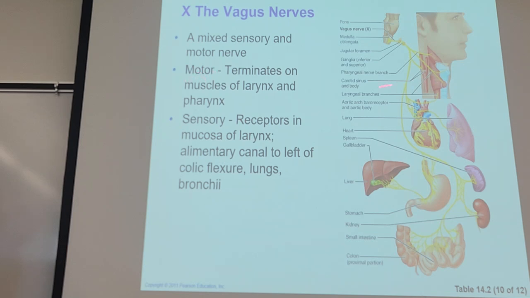It's just gonna handle muscles of the larynx and the pharynx. So some of those sternohyoid, sternothyroid muscles that we identified, the vagus nerve is what takes care of that. And then sensory-wise, it goes down into your digestive canal and also your thorax. So it monitors sensation in the heart and lungs, and then also digestive organs.